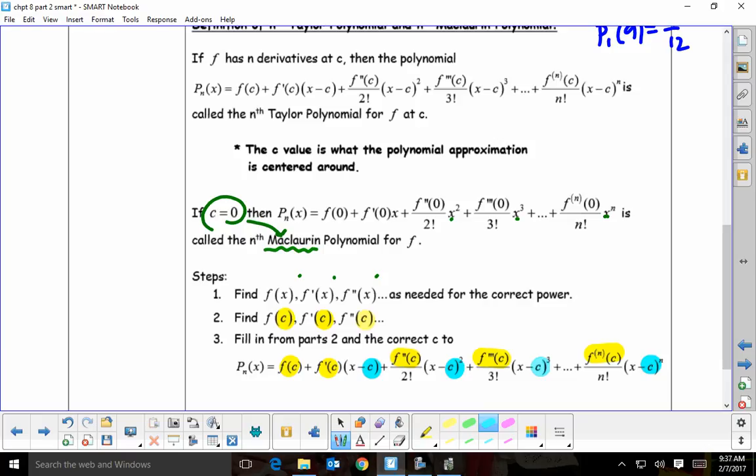So let's see if we can see it. Let's go out to the 4th degree.